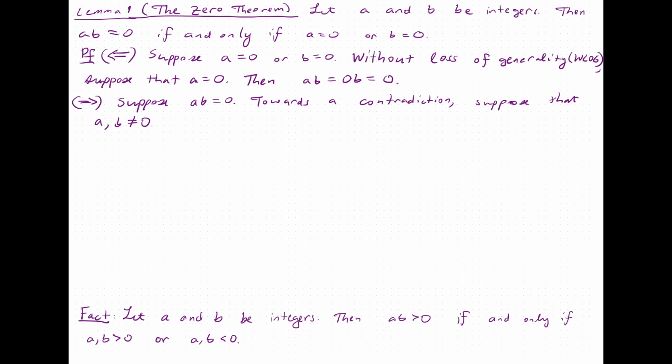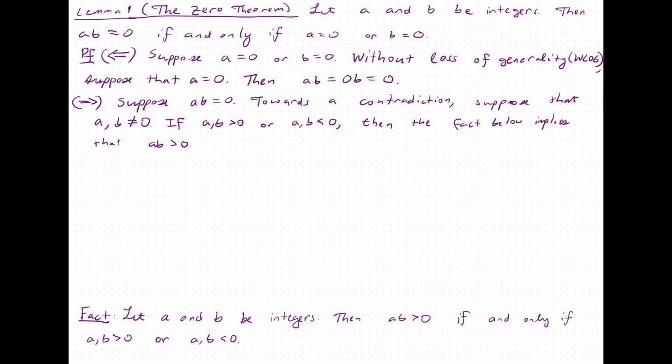So now, we know that both A and B are non-zero. So if A and B are both positive, or A and B are both negative, then the fact below implies that the product of A times B is positive.